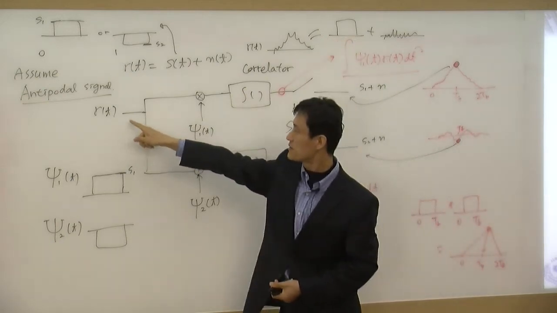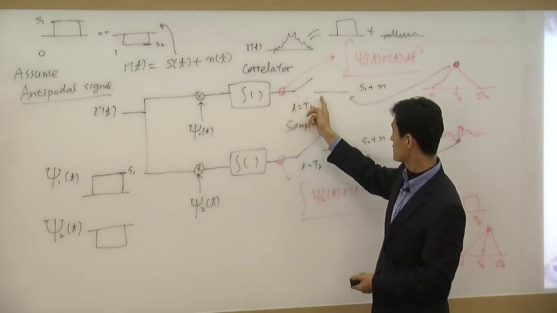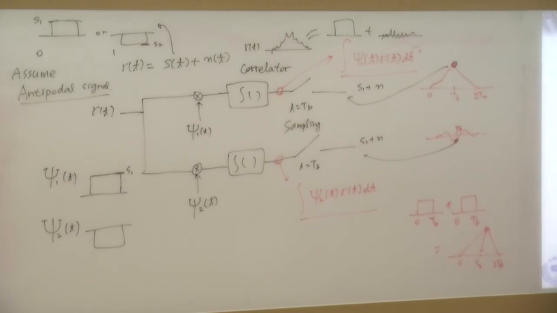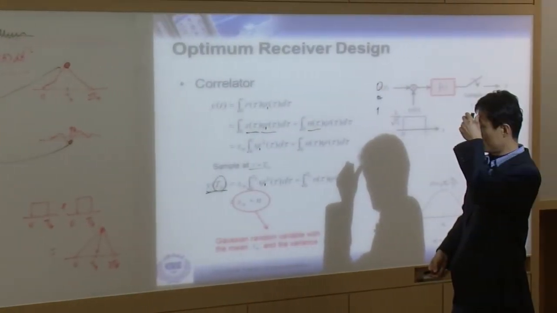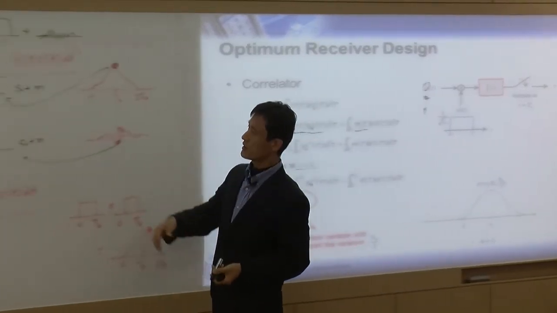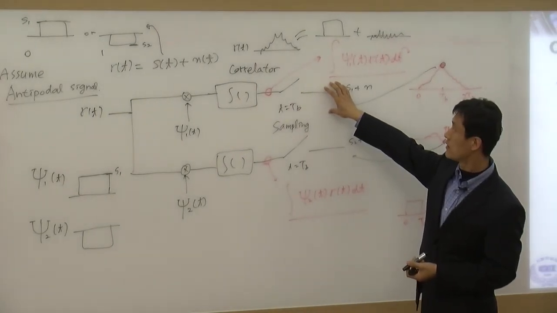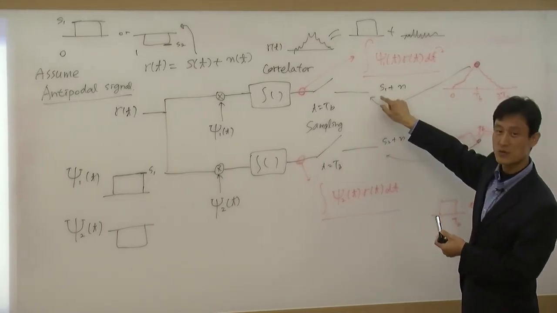So that r(t) comes in, and we have the same picture here, that goes in here, then you're going to get this perfect S1, right? So we're going to get the perfect S1 right here if there's no noise.